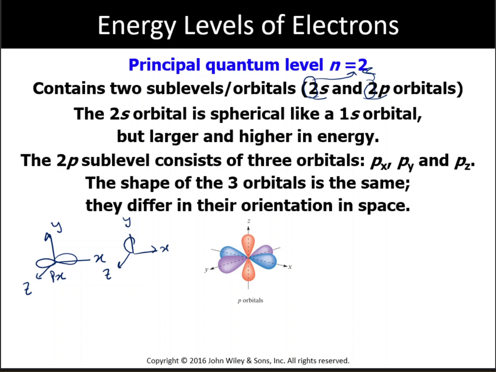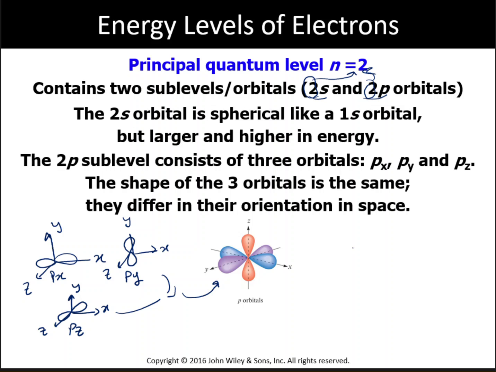If your p orbital is along the y-axis, it becomes a py. If the p orbital is along the z-axis, it becomes the pz. Now, if I put all 3 of them together, you're going to end up with the p orbital. So the p sublevel has 3 orbitals in it.